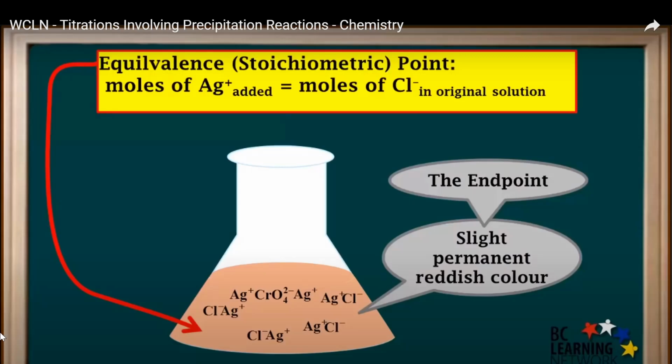Yes? So equivalence point is when the moles are equal, or at least when they satisfy the stoichiometry. This is one-to-one stoichiometry, so they will be equal. And the end point is just when you should end the titration.